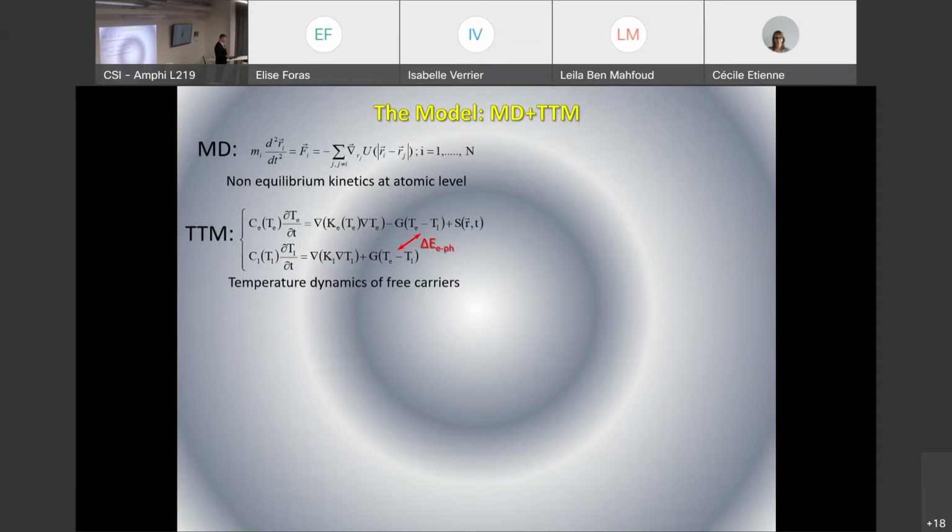On the other hand, we have the two-temperature model, which is in continuum via electron-phonon temperature dynamics, describes fast electron heat conduction, electron-phonon non-equilibrium, laser light absorption, but being realized in continuum, it cannot describe non-equilibrium phase transitions because of high temperature and pressure gradients, a significant degree of overheating, and small nuclei of the new phase.